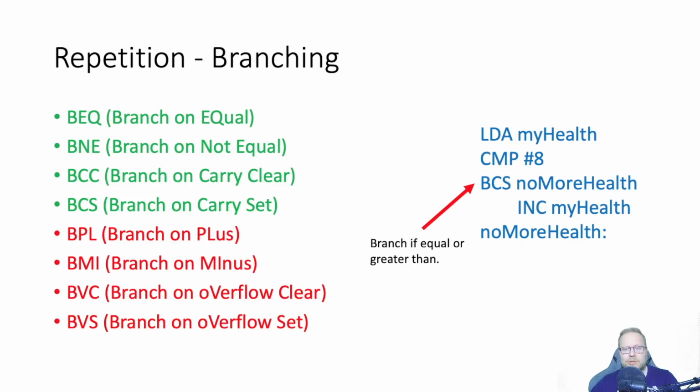LDY, we need to use CPY. So we're loading something, comparing with something, and we're branching in different ways. Branch if equal, branch if not equal, or in this case, branch if carry set. So we're branching to that label. That's what we were talking about last time.